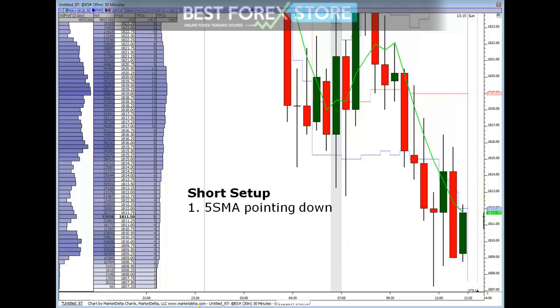Now, I've added one very simple indicator on the chart so that we could present a simple trade setup. And this setup is so simple yet very powerful. Now, you have to remember, all setups, there are no guarantees in any trading setup.